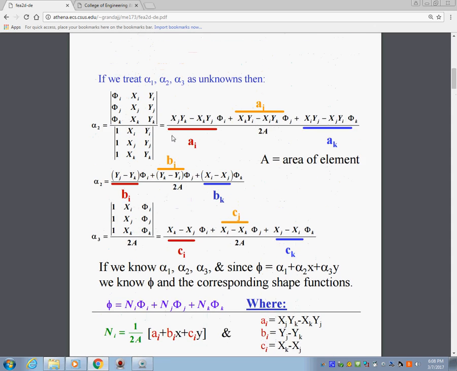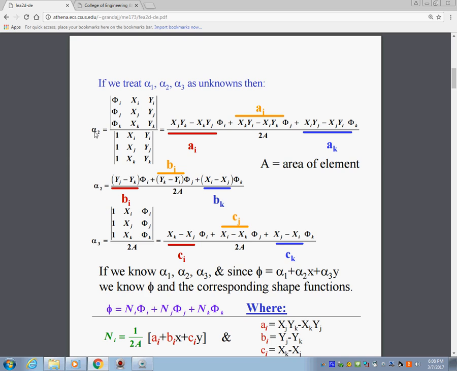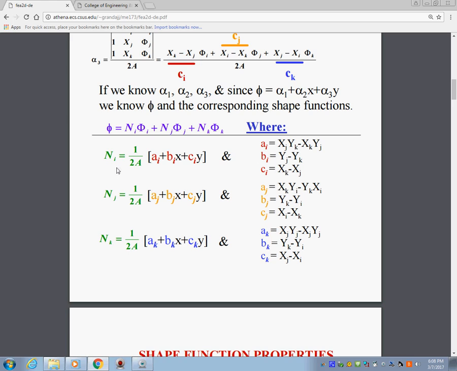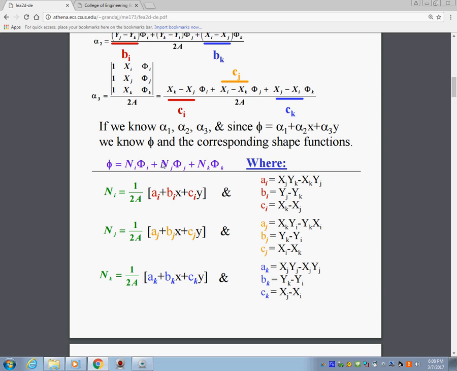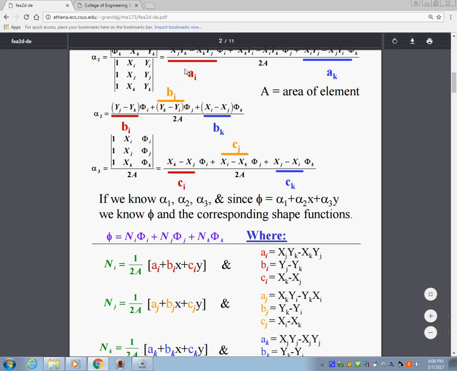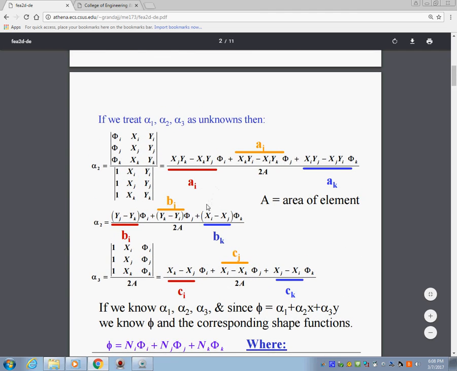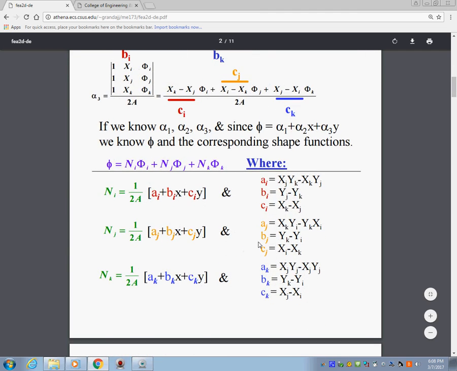So if we summarize this operation over here, for this is alpha 1, by the way, alpha 1, alpha 2, and alpha 3, then we can understand that these coefficients that we need are N sub i and N sub j and N sub k, and we are giving the values for a sub i, b sub i, and c sub i from the first equation, and then you have this from the second and this for the third equation.